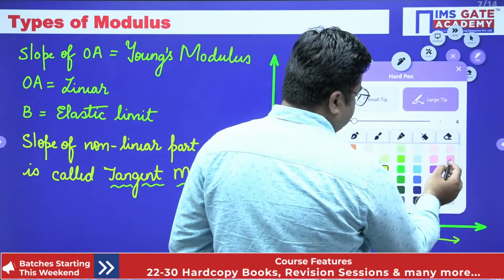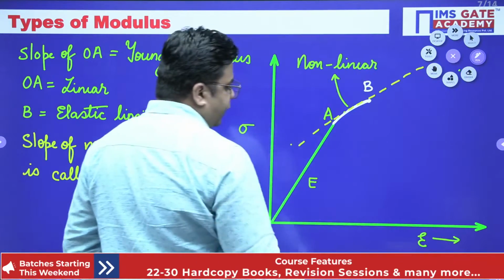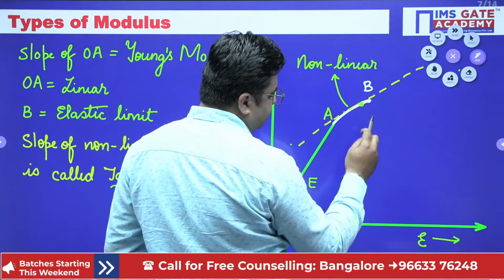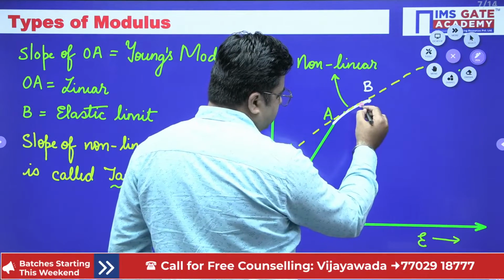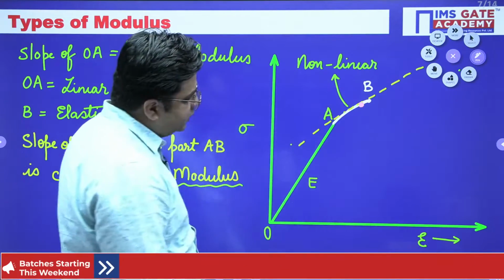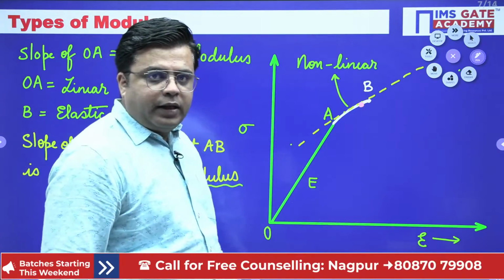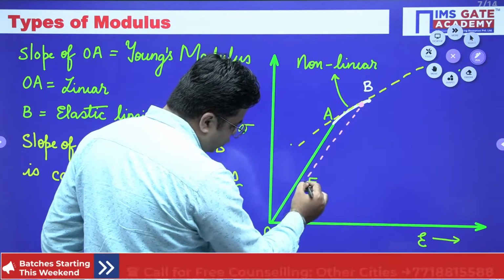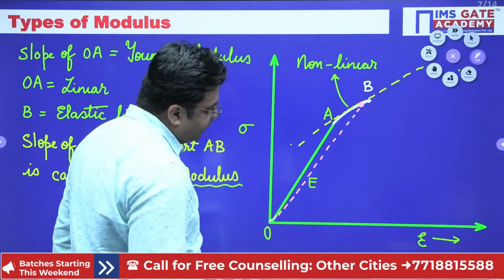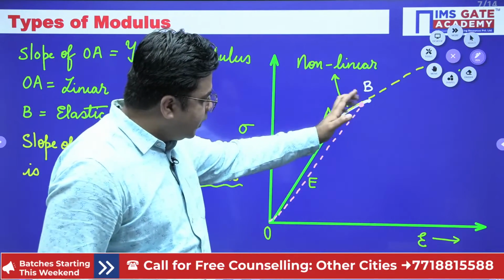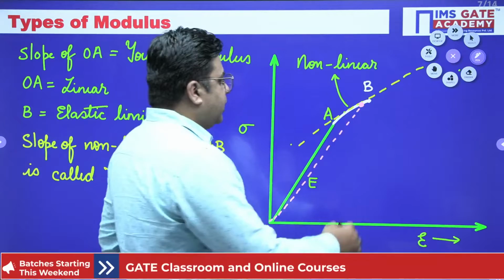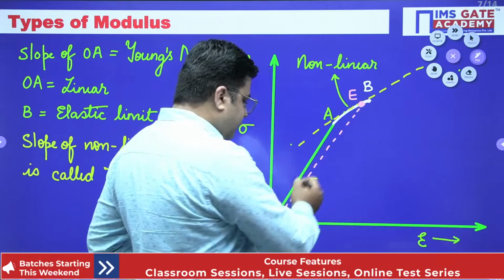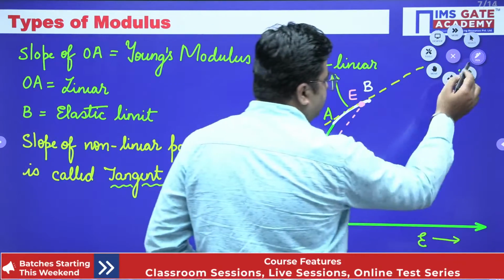Okay. So for secant modulus, if you take any point on this non-linear part AB, for suppose you took this point, and if you join this point with the origin, so this is the line joining this point with the origin.